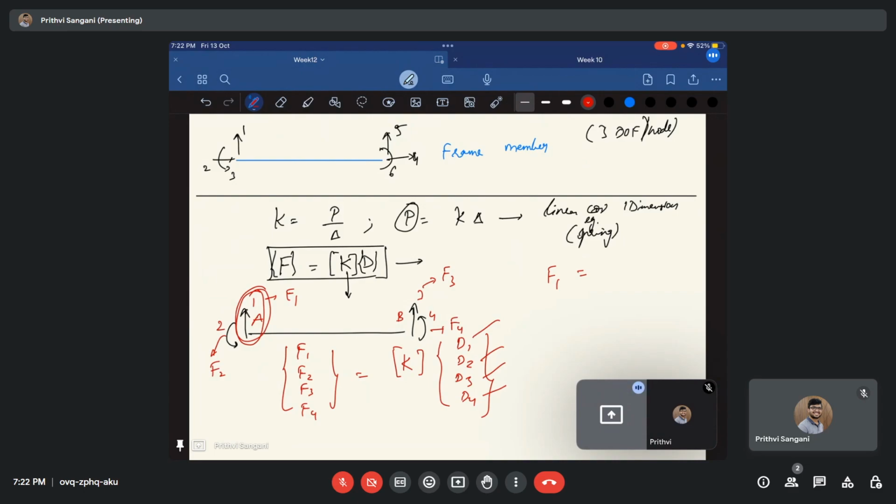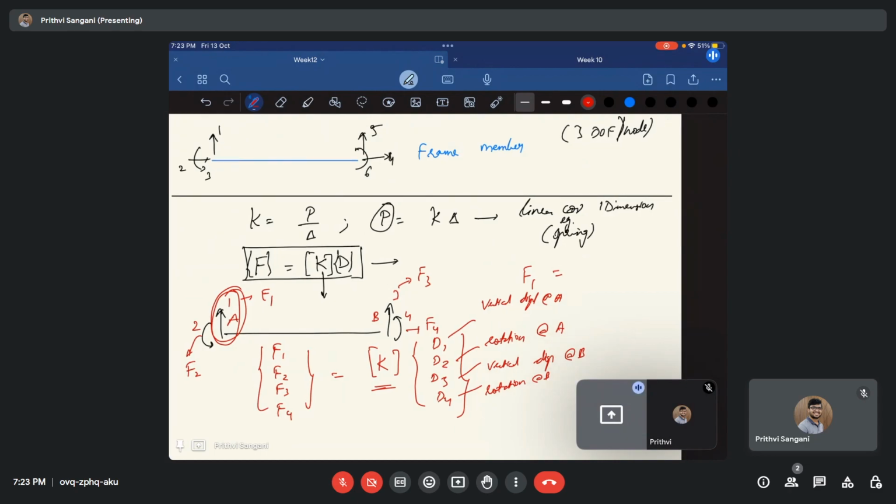So this is vertical displacement at A. D2 is rotation at A. D3 is again vertical displacement at B. And D4 is again rotation at B. So if you know what the stiffness matrix K is, you can find out either unknown forces or unknown displacements, whichever is unknown.